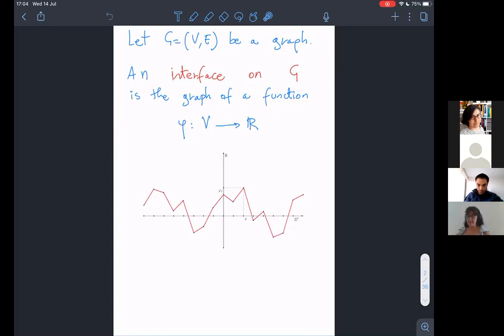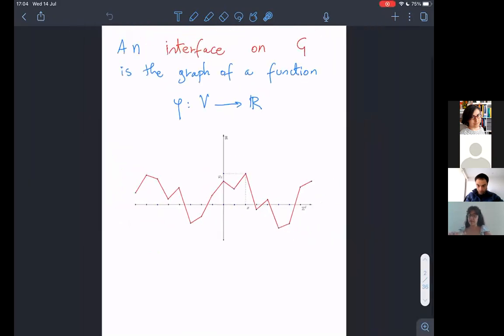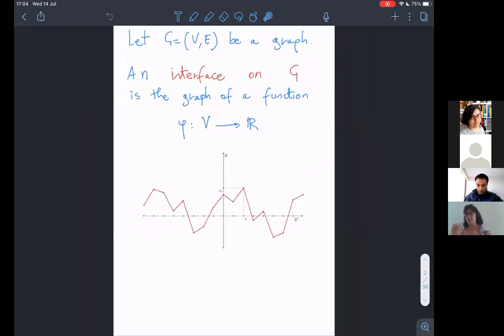In this sketch on Z^1, for every vertex x of the graph I attach a height, which I call phi of x. Phi of x represents the height of the interface at site x. Then I can interpolate this interface, say with a simple linear interpolation, so as to create a continuous surface.